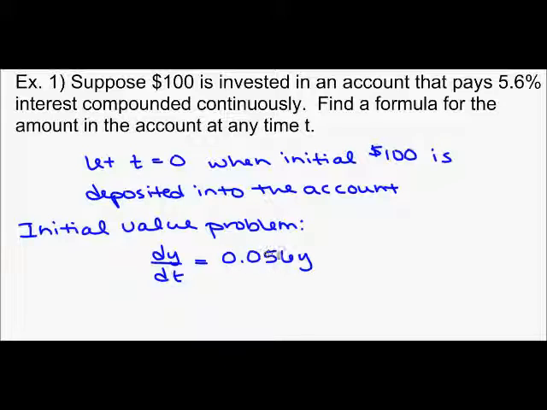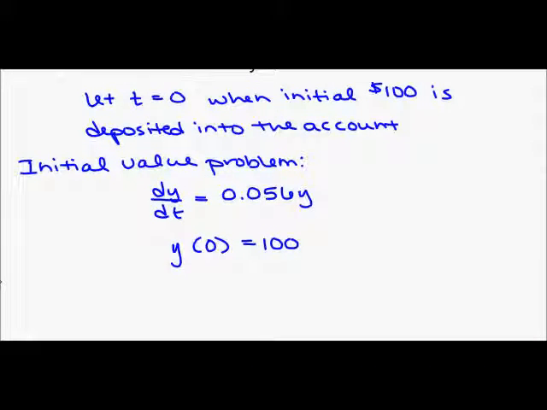That's 0.056 times y. So at any instant, the rate of change of y is 5.6% of y. The next thing I know here is that y of 0 is 100, which is exactly what I've written up here. At time 0, you have $100.